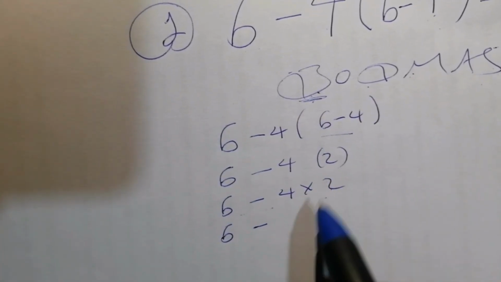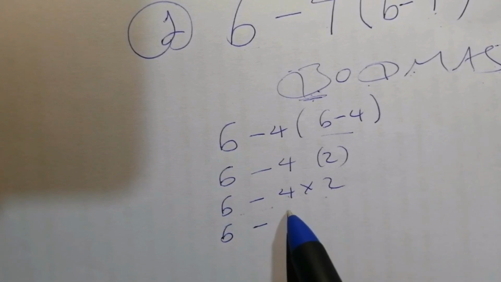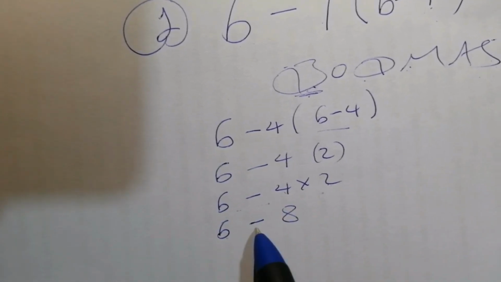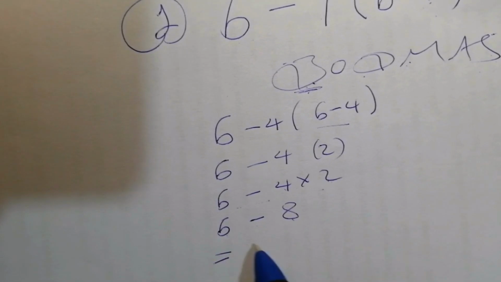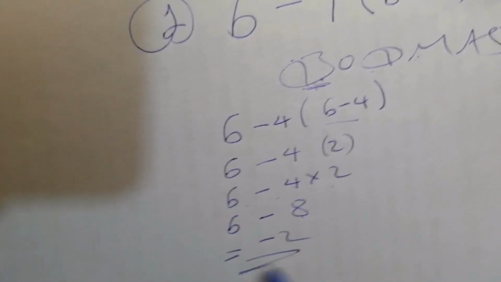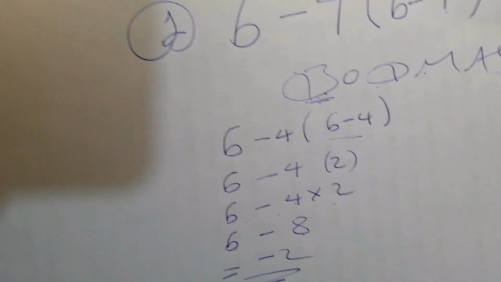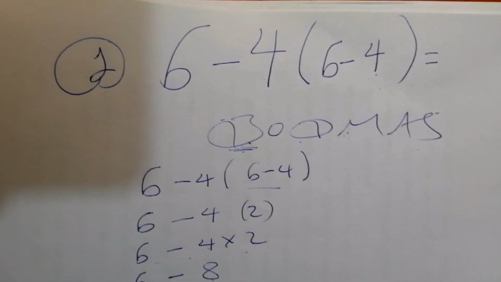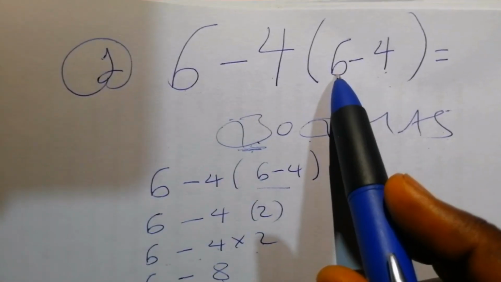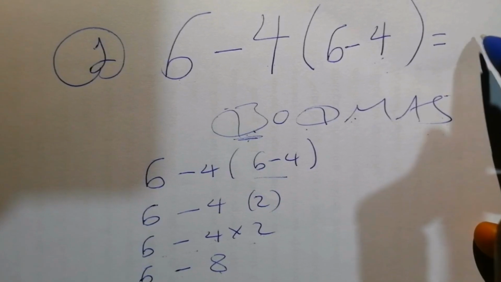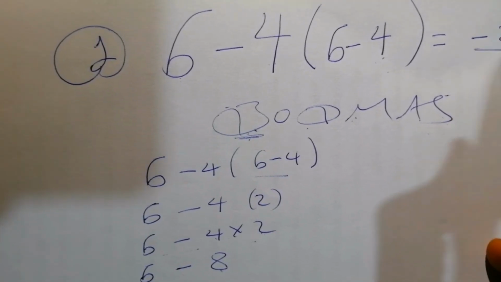Therefore 4 times 2 is 8. 6 minus 8 equals negative 2. Therefore 6 minus 4 in bracket 6 minus 4 equals negative 2.